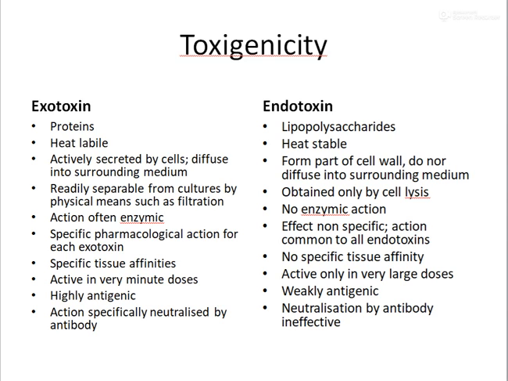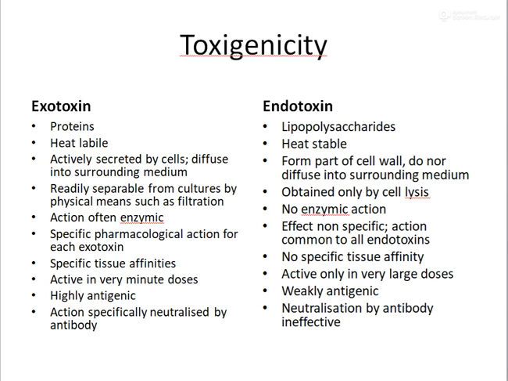But endotoxins are active only when large doses are present, and they are weakly antigenic. The actions of exotoxins are specifically neutralized by antibody, but neutralization by antibody is ineffective in the case of endotoxins.